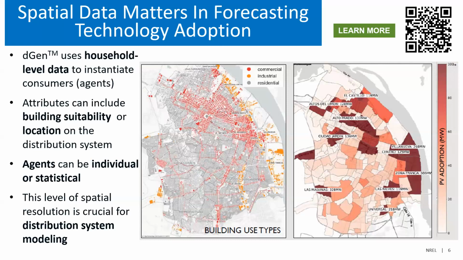If we can understand what is driving different adoption decisions, maybe it's load, maybe it's the income level, maybe it's rich neighborhoods, or maybe it's a different combination of apartment buildings or single-family households, then disaggregating on that level geospatially helps us build that bottoms-up model that drives the other decision-making analysis that we would do later.